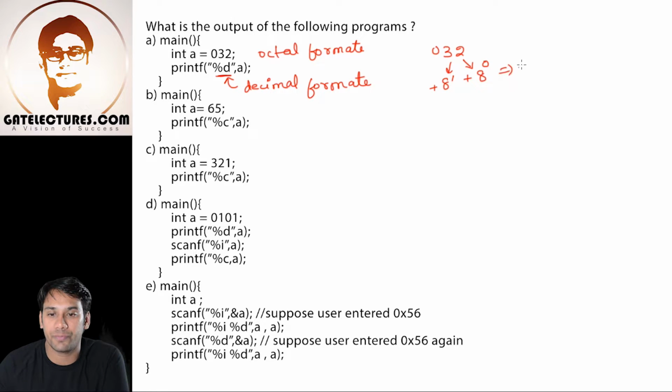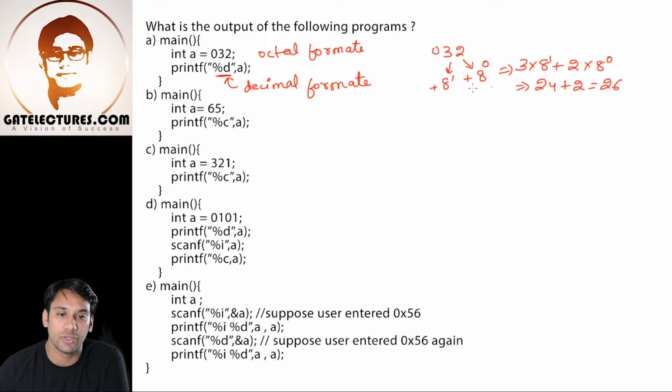So the output will be 3 into 8 plus 2 into 8 raised to power 0, which is 24 plus 2, which is equal to 26. So this program will print the output as 26.